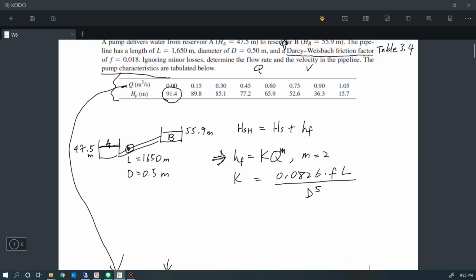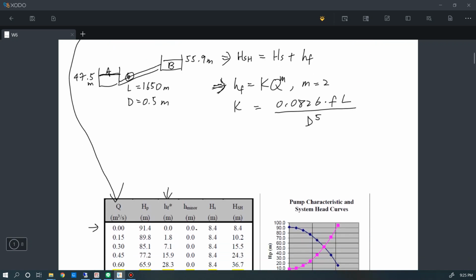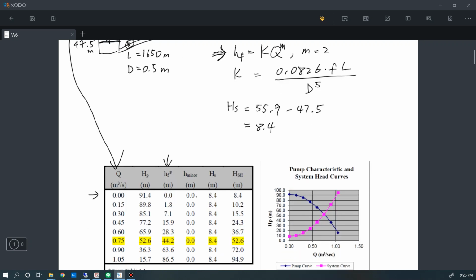So to calculate the total energy that we need to transfer the water from A to B, because the friction head loss here is 0, the static head difference is equal to 55.9 minus 47.5, which is equal to 8.4. So the total energy that we need when the flow rate is 0 is equal to 8.4.